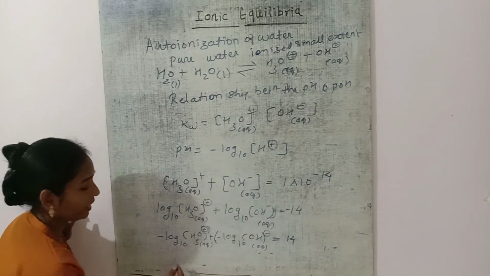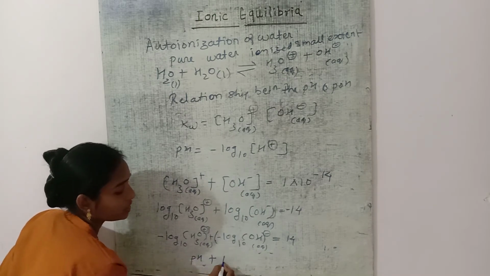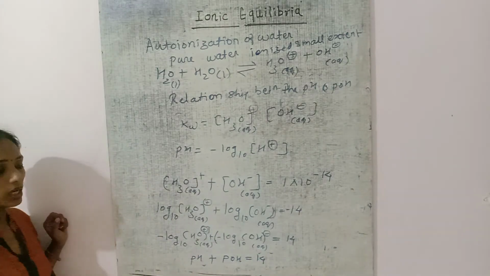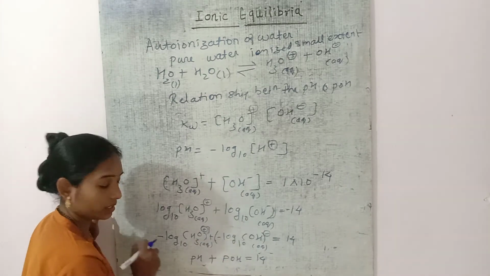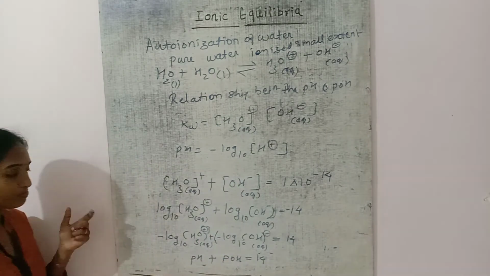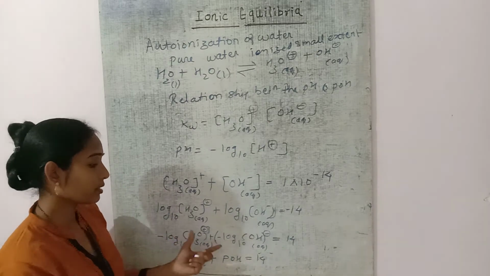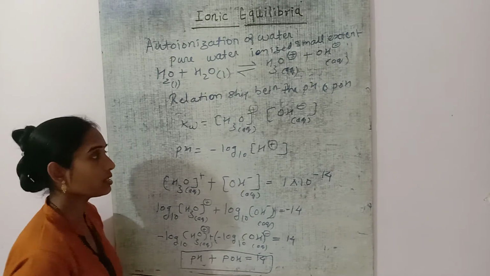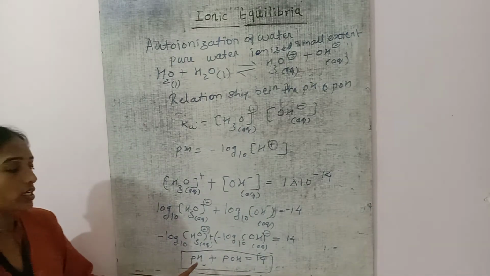So here the value is pH plus pOH is equal to 14. Minus log base 10 H3O plus ions is the pH, and minus log base 10 OH negative is the pOH. This is the relationship between the pH and pOH.